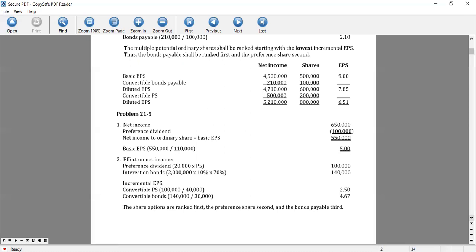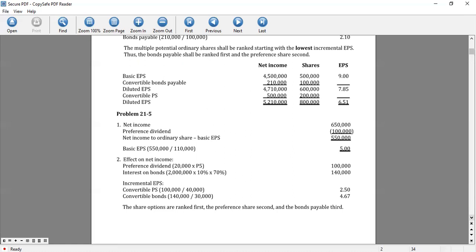Take note that the number of ordinary shares is 110,000 shares. So that's why our denominator in computing the basic EPS is 110,000 shares.